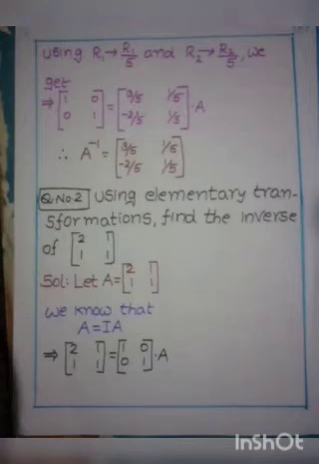Similarly, in the second row we find the non-zero element in LHS. There also it is 5. So we divide all the LHS and RHS elements in row 2 by 5.